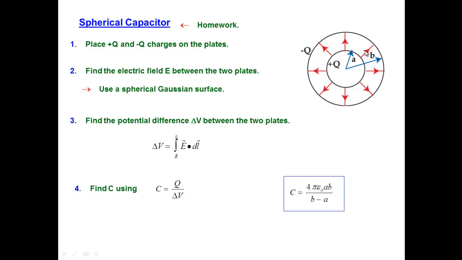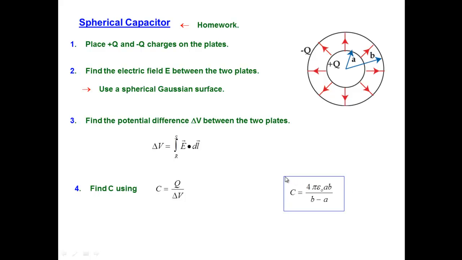Let's integrate along the field line in the radial direction. So that means that dl in this expression for delta V will become dr times r hat, because it's the radial direction that that vector points in. Then, once you evaluate the integral, you'll know what delta V is. That will be in terms of Q. And finally, when we make the quotient Q divided by delta V, the Q will cancel out, and here's the result that you should expect to get.